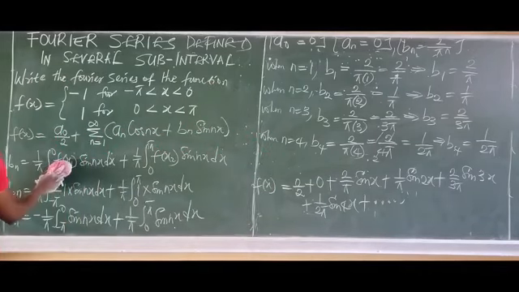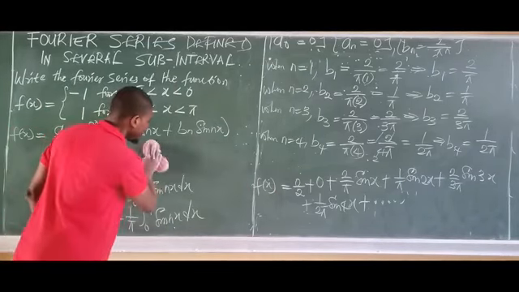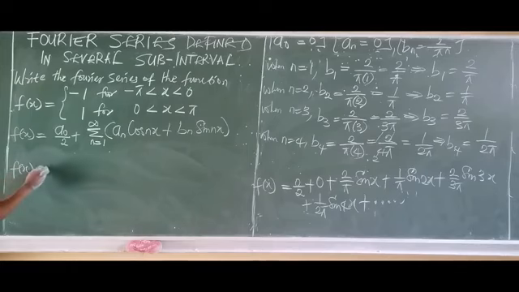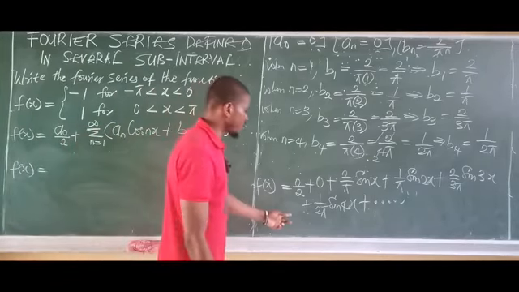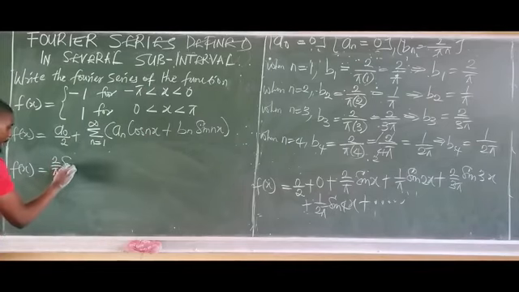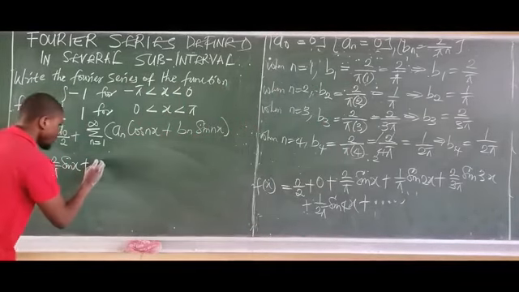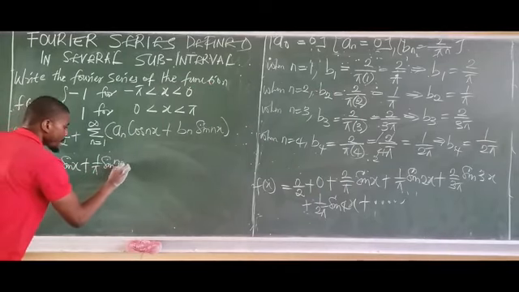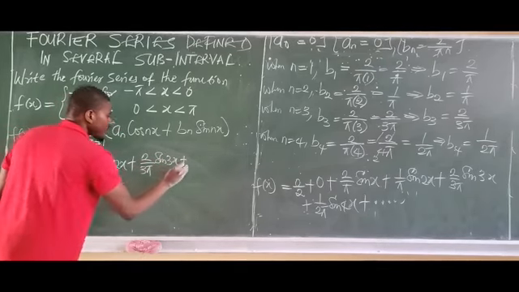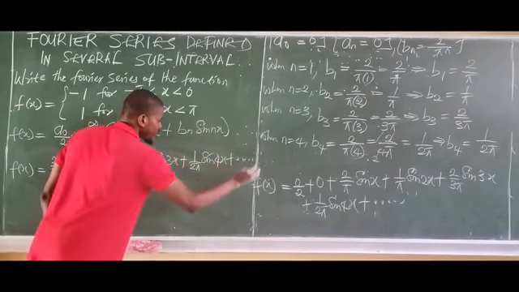So in general, the Fourier series of that function can now be written as f of x is equal to, since 0 divided by 2 is 0, plus 0 as well, we have 2 all over pi sine x, plus 1 over pi sine 2x, plus 2 over 3 pi sine 3x, plus 1 all over 2 pi sine 4x, plus dot dot dot, and so on.